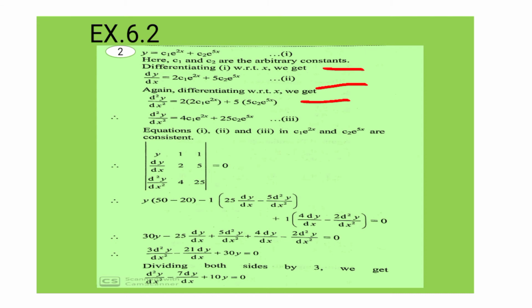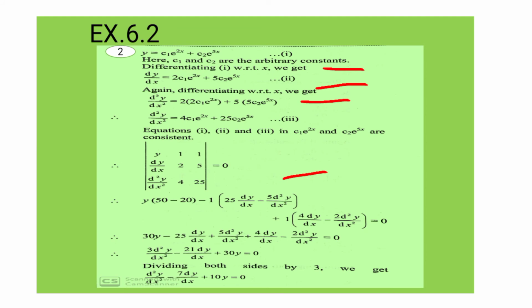Therefore, in the determinant form, in the first row y, 1, 1, then dy/dx, 2, 5. In the third row, d2y/dx square, 4, 25, is equal to 0. Therefore, y into 50 minus 20, minus 1 into 25 dy/dx minus 5 d2y/dx square, plus 1 into 4 dy/dx minus 2 d2y/dx square is equal to 0.